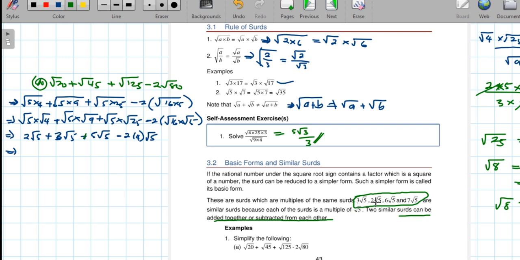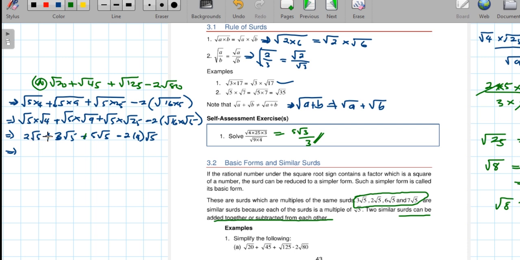So you can add these and subtract them. Two surds can be added and subtracted if and only if they are similar surds. In this case, these are similar surds because all of them have root 5, so you can add and subtract them.